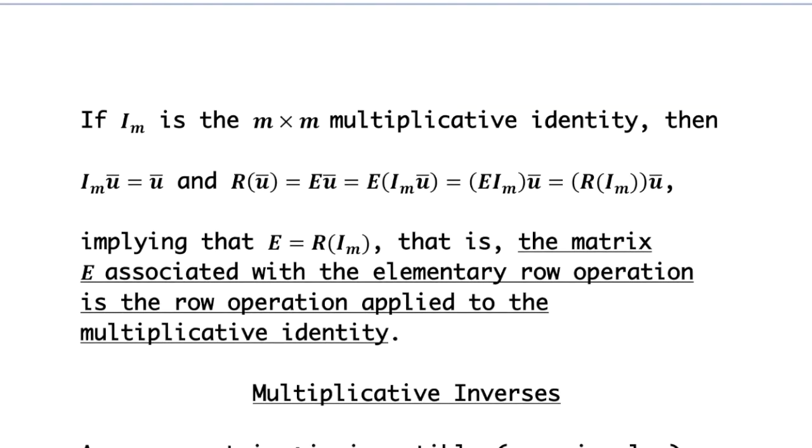Let's let I sub m be the m by m multiplicative identity. Then the following should be clear.